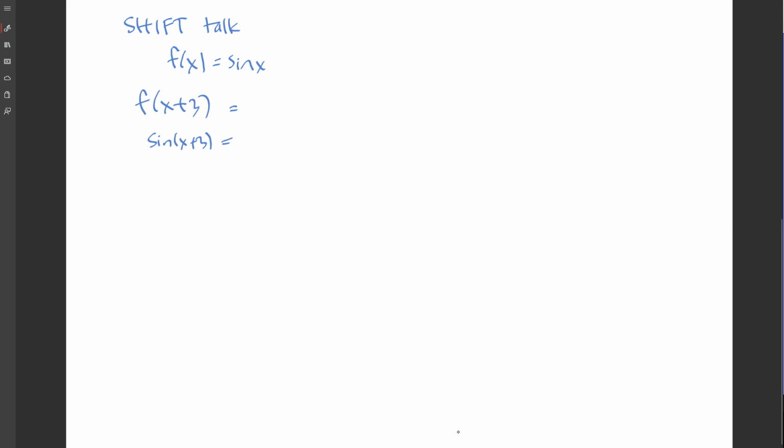Well, I'm allowed to substitute if the function shifts the same amount as the center shifts. And just to understand shifting here, I would call this a left shift of 3. If I had f of x squared plus 3, I would also call that a left shift of 3.